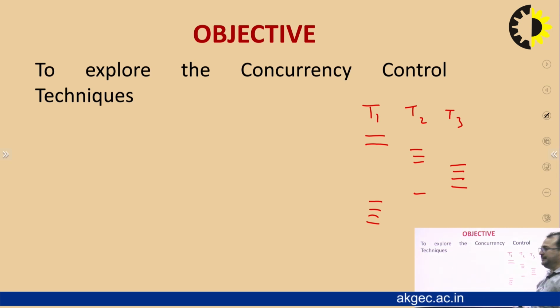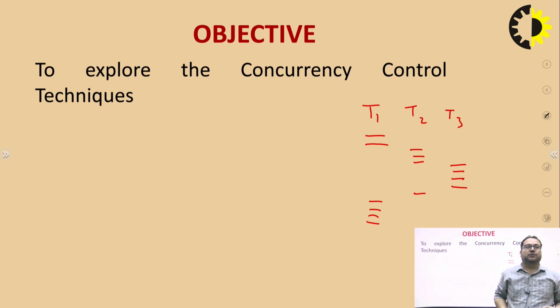If this kind of sequence exists, there is switching among the transactions. This switch could happen from any point. At any operation it could switch to another transaction, or sometimes process, especially in operating systems.